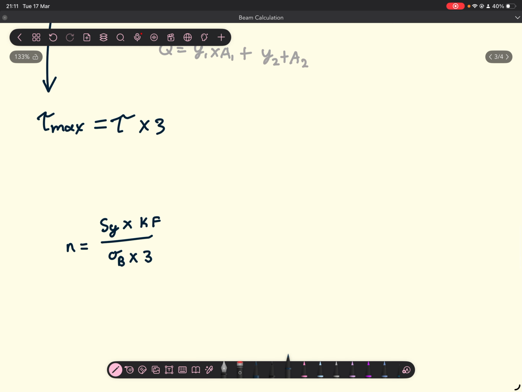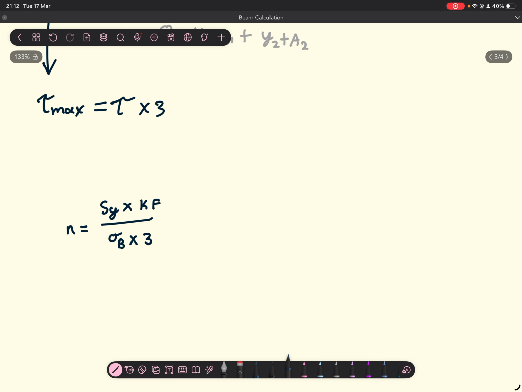So we want to go back and check whether it can still handle our worst case scenario. We made the situation worse and worse and worse. Now we want to see, can it actually handle that worst situation? I hope that makes sense.